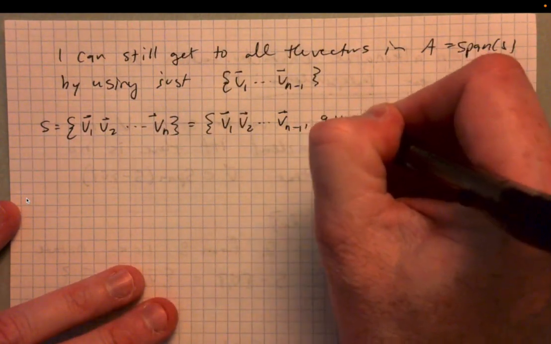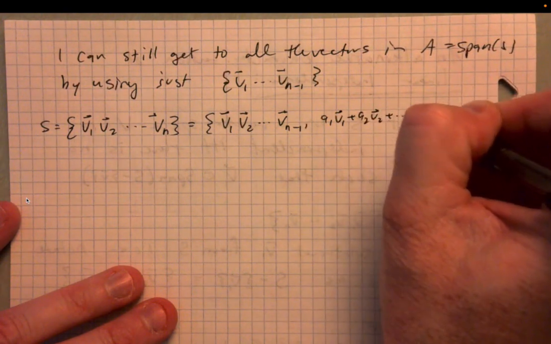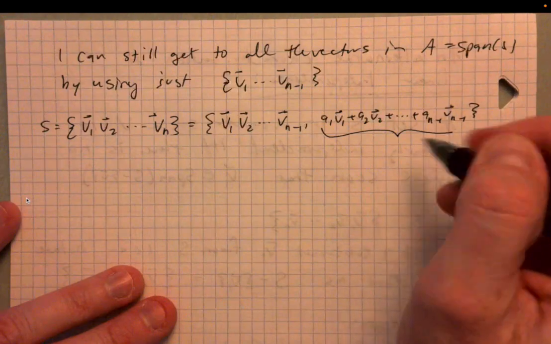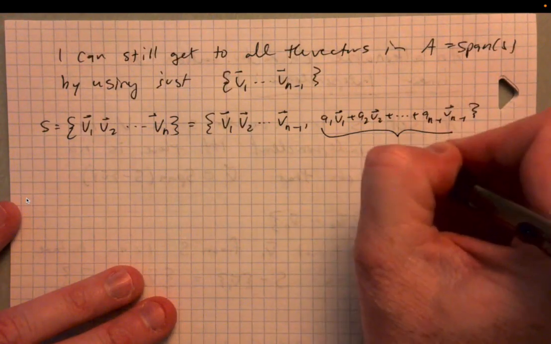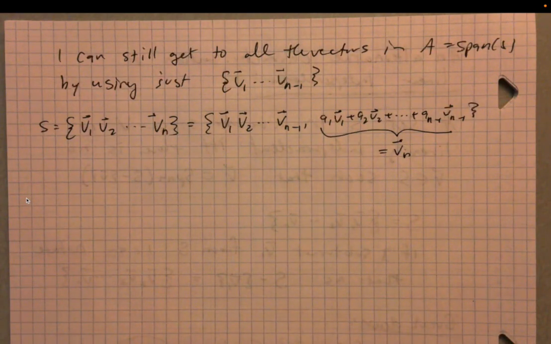So like A1 V1 plus A2 V2 plus dot dot dot plus An minus 1 Vn minus 1. So this guy here is just Vn. It doesn't need to be in S to still have the span of S be the same. Hopefully that's clear. So including Vn in S is redundant if I can write it as a linear combination of the other items in S. And that's where that definition came from.